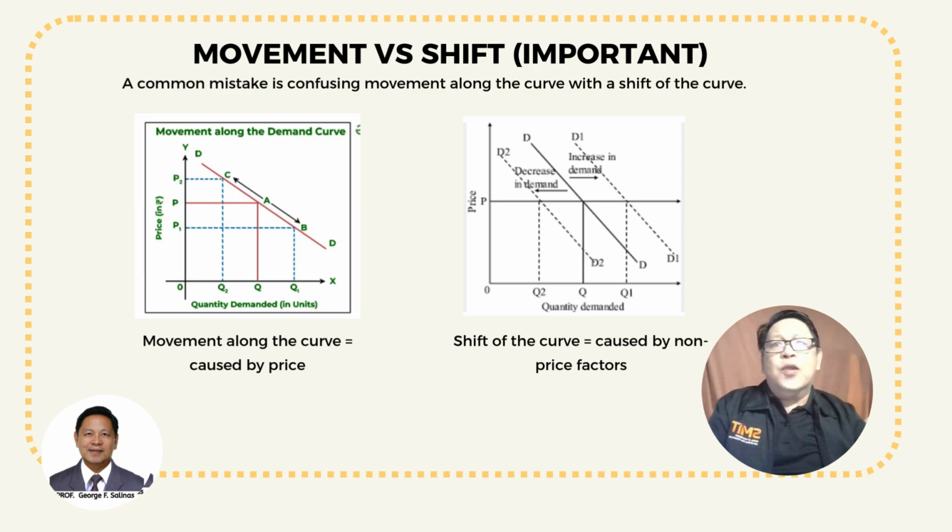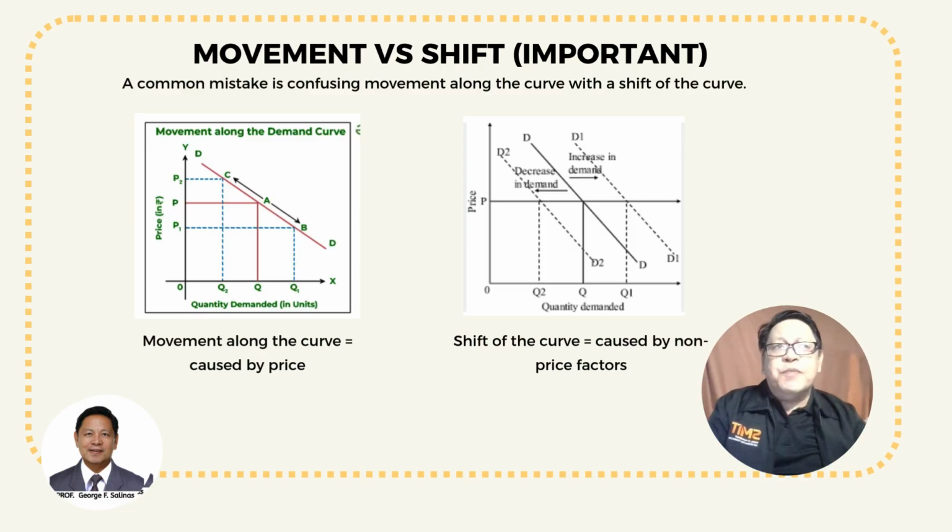A movement along the demand curve, or change in the quantity demanded, happens only due to a change in the product's own price, causing a slide up, a contraction, or down, an expansion, along the same curve.